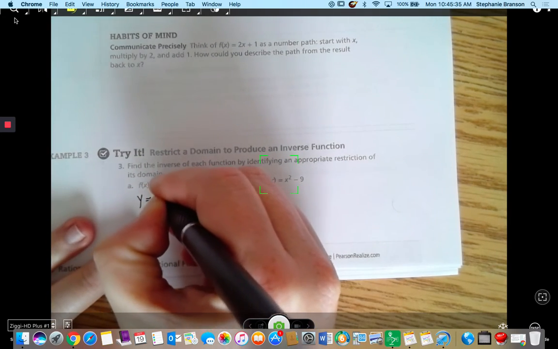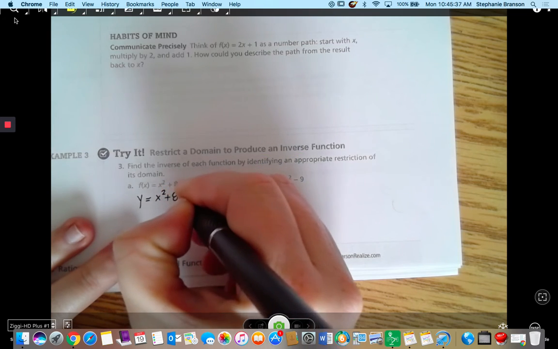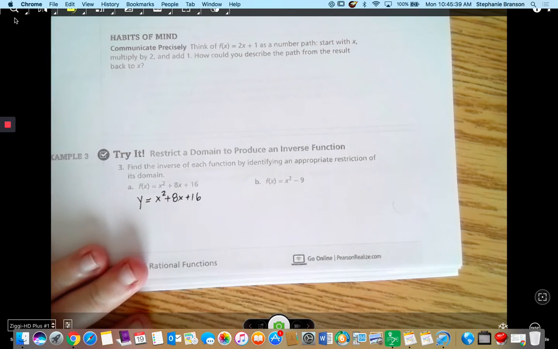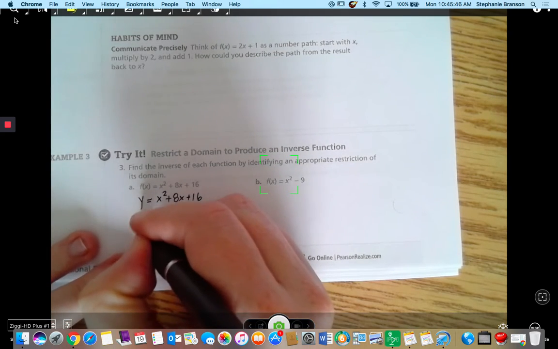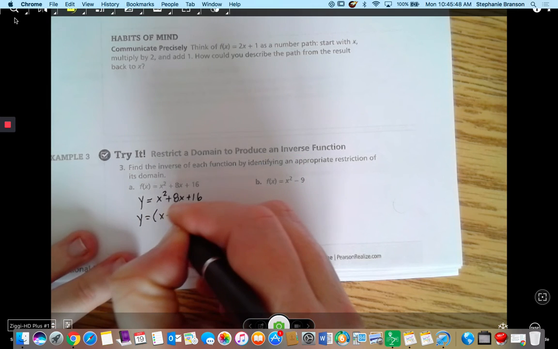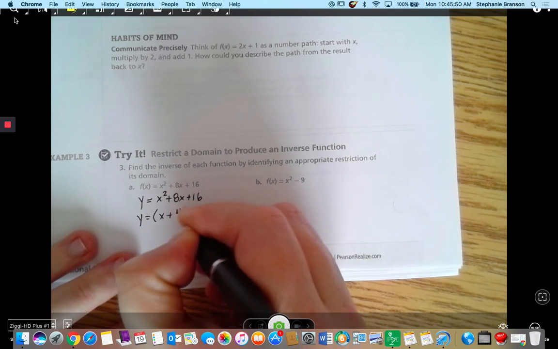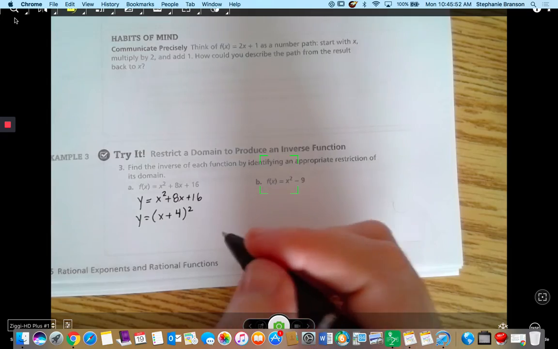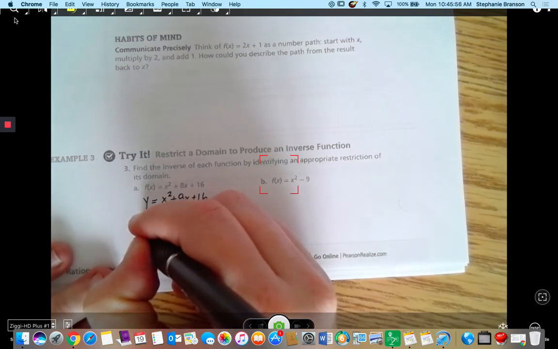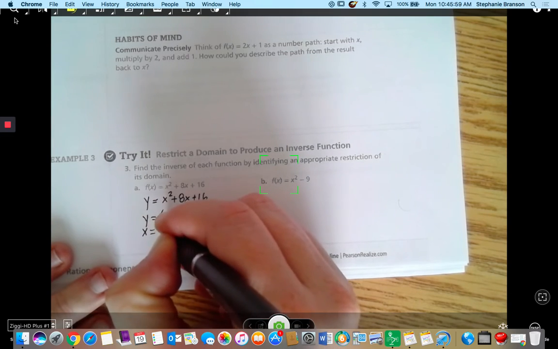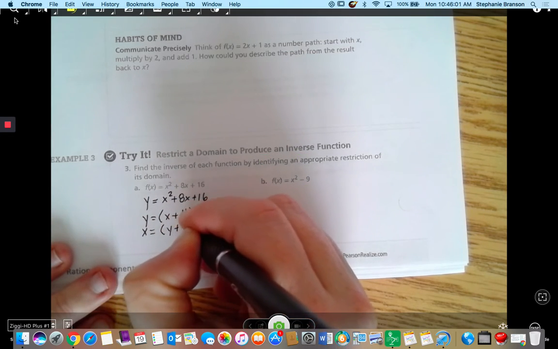So I've got y is equal to x squared plus 8x plus 16. I know this can factor into y is equal to x plus 4 squared. Now this will be easier for us to find our inverse. So x equals y plus 4 squared.